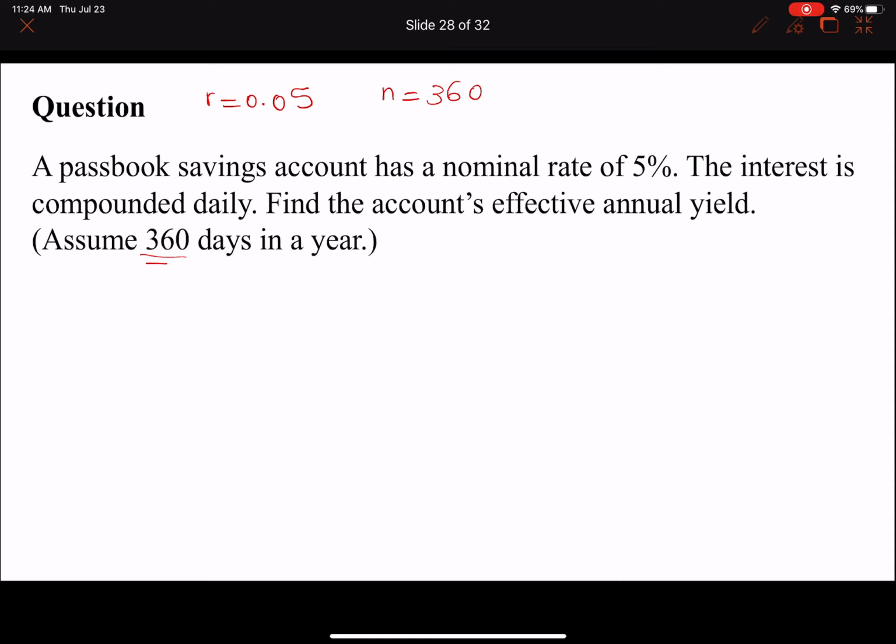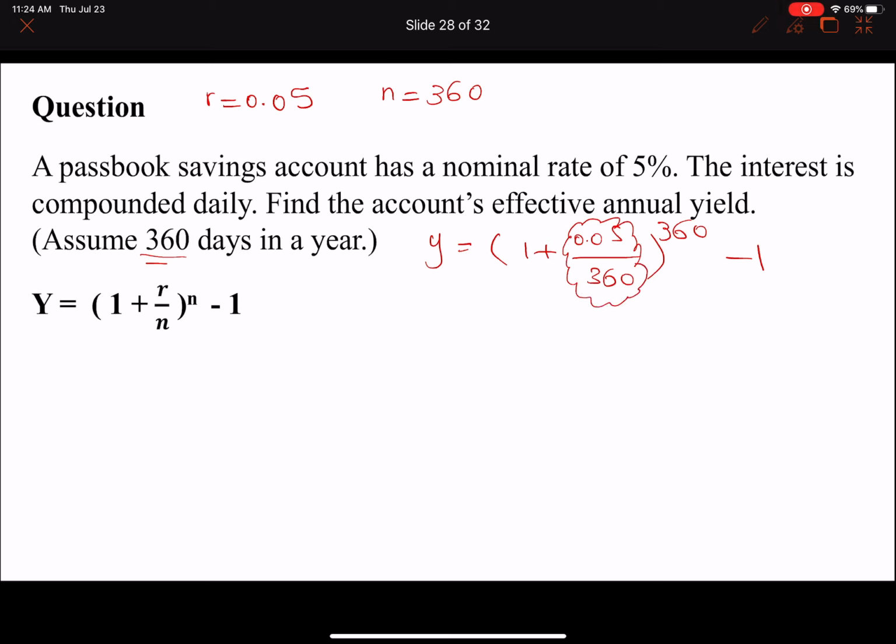Okay, so here's the equation that we have for effective annual yield. We want to find it directly, so I just plug in the values. Y is equal to 1 plus r, 0.05, over n, 360, to the power of n, 360, minus 1. Again, don't forget, guys, first of all, you need to find this ratio, whatever it is, add it to 1.